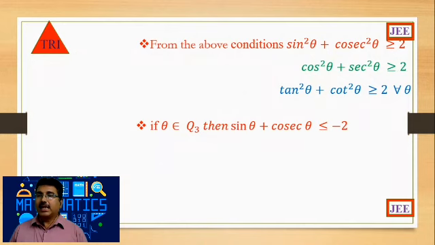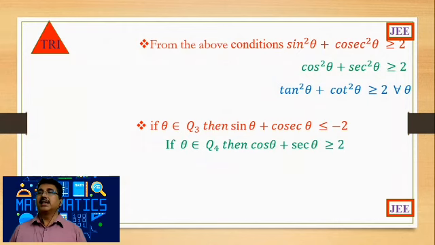If theta belongs to quadrant 4, then cos theta plus secant theta is greater than or equal to 2 or less than or equal to minus 2.